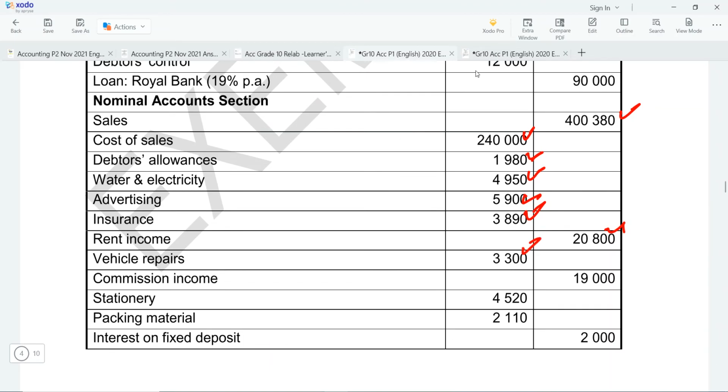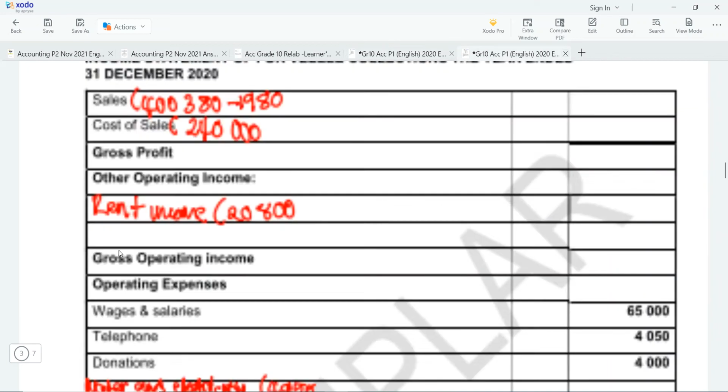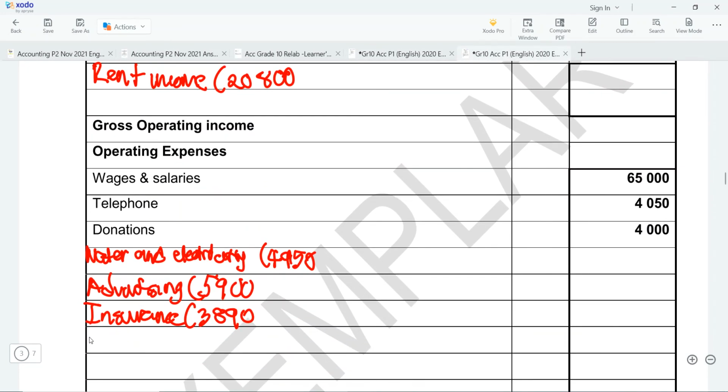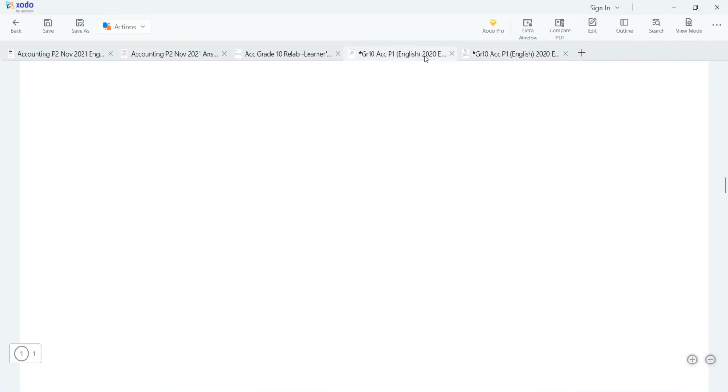and then we also have vehicle repairs for 3,300, so we also go and check. Remember it's an operating expense, so we'd have that vehicle repairs 3,300. And then we go and also check what else is given to us.